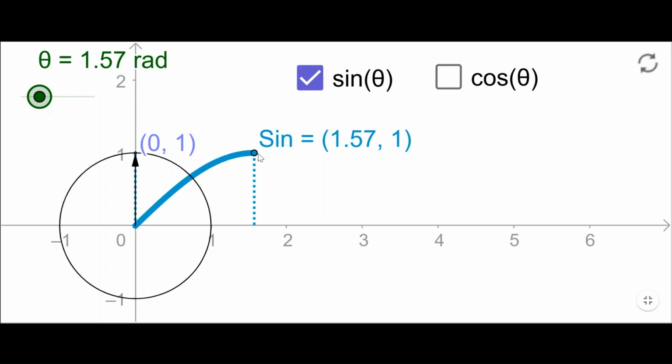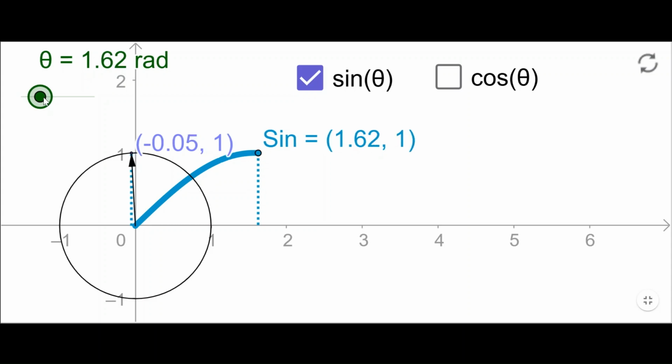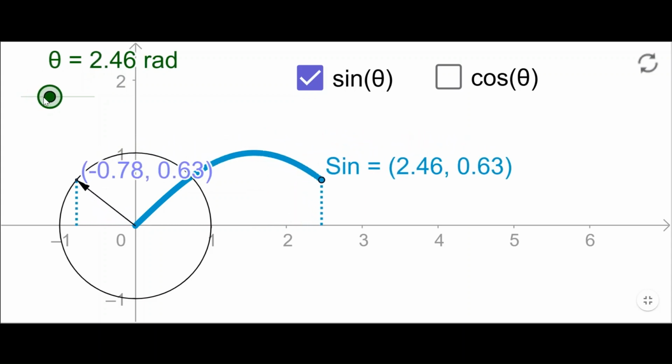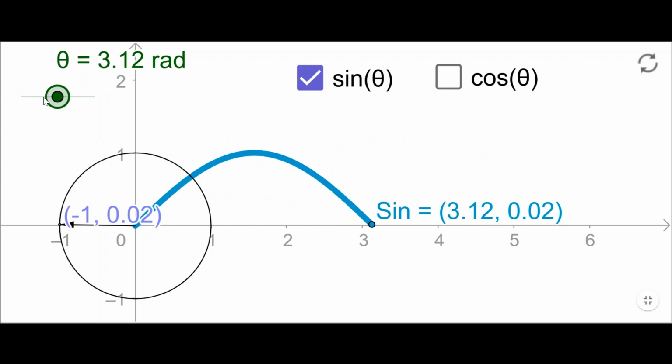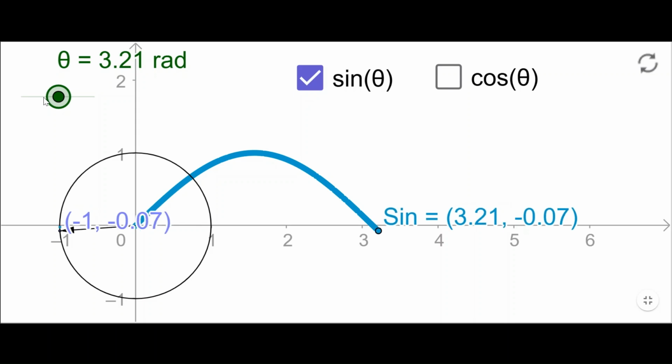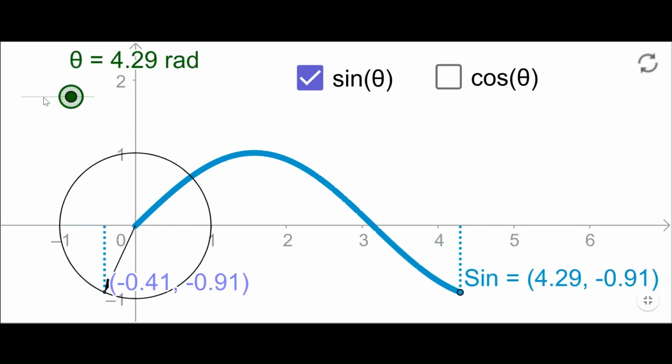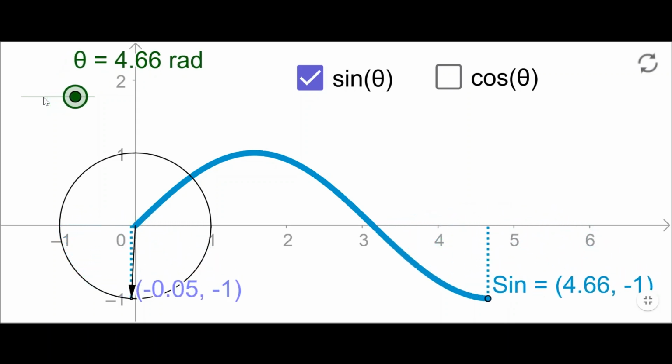And if we keep going, remember our pattern, it's going to go from 1 down to 0. That's going to take a distance of pi rotation, so that's pi along the x-axis, 3.14 in the x direction. And then we're back to the 0 y-coordinate. And then it's going to go negative, all the way down to -1.